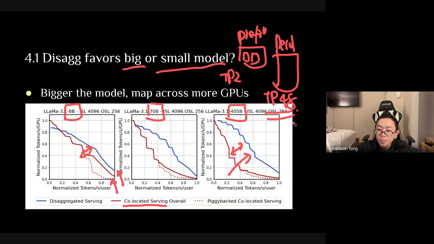And only a big model can allow you to have such a big tensor parallelism without being redundant. That's why the bigger model gives you more partition strategies.